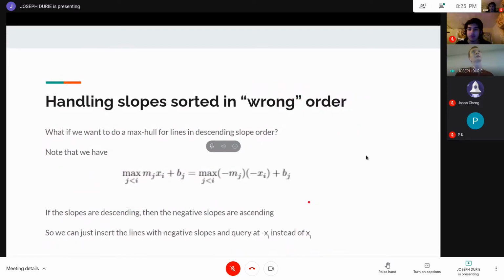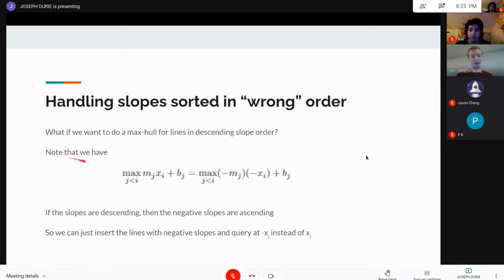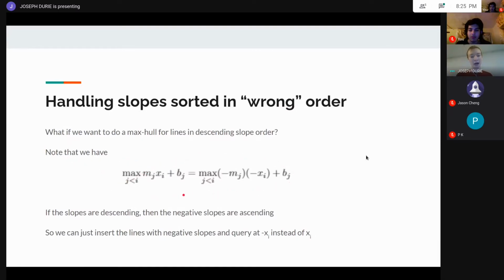So one other quick thing to talk about is what do we do if the slopes are sorted in the wrong order? So the slopes are still in order, but they're not in the order we want, right? Like let's say we have a max hull and the lines are in decreasing slope order. We can actually fix that just by exploiting this fact here, where we can add a negative to both the slope and the x.